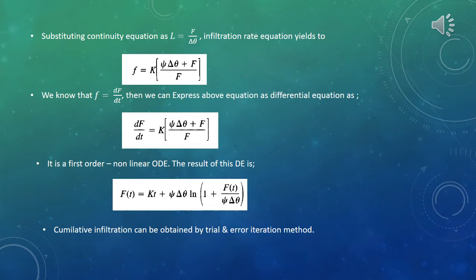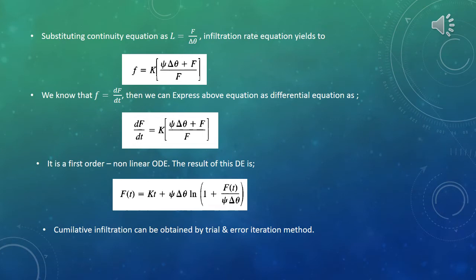The result of this first order nonlinear ordinary differential equation gives us the cumulative infiltration F equal to Kt plus psi delta theta times the natural logarithm of 1 plus cumulative infiltration F over suction psi delta theta. This cumulative infiltration can be obtained by a trial and error iteration method, because there is an F on both the left hand side and the right hand side.